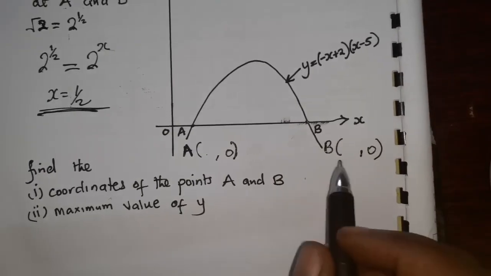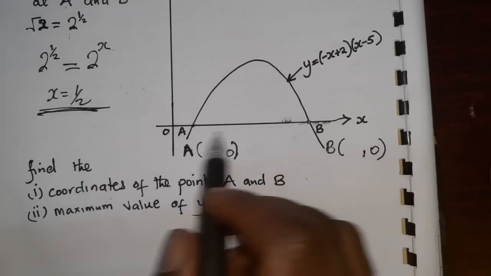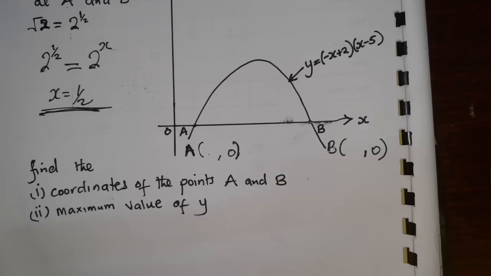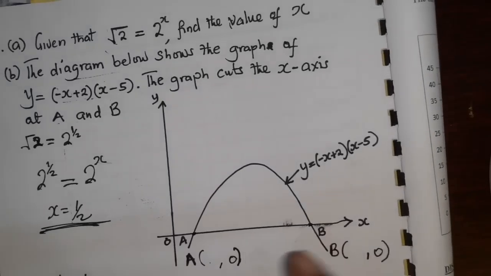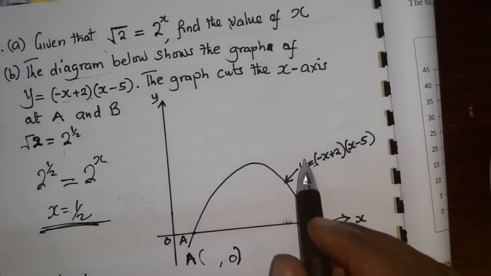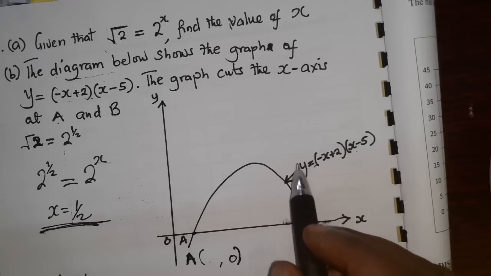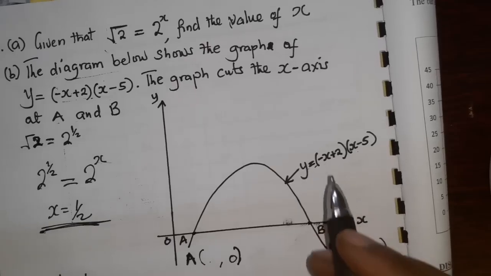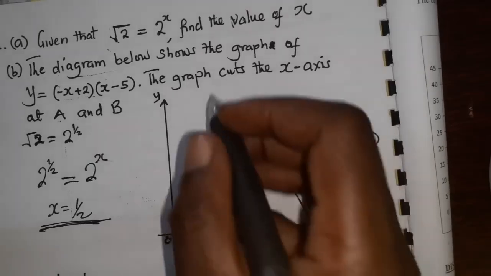So the y coordinate, we already know it because they are on the x-axis. y is 0 here. So what we'll be doing is that on this equation, where there's y, we're going to put a 0 and ask ourselves, what are the values of x when y is equals to 0?